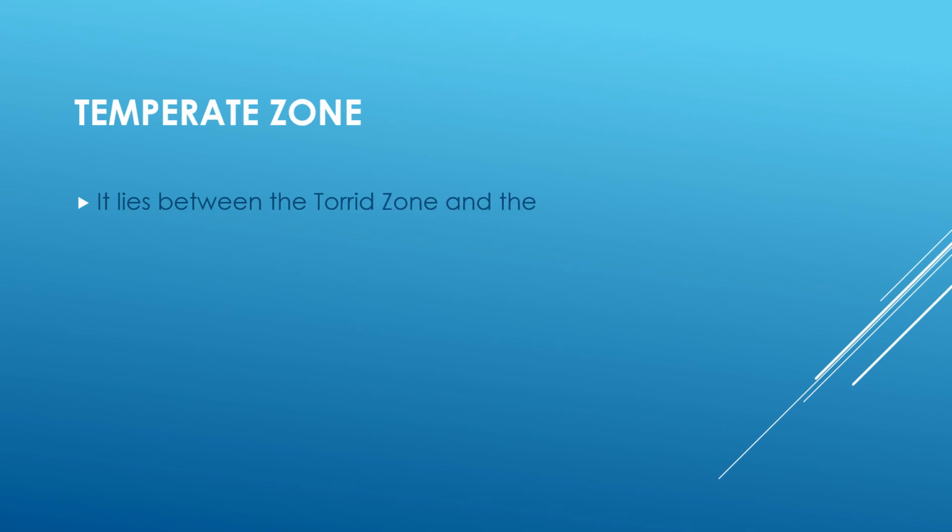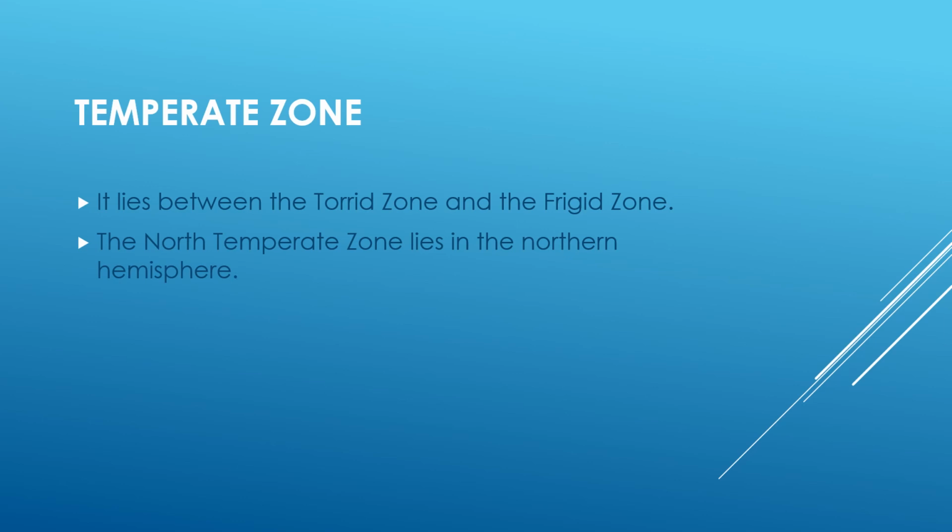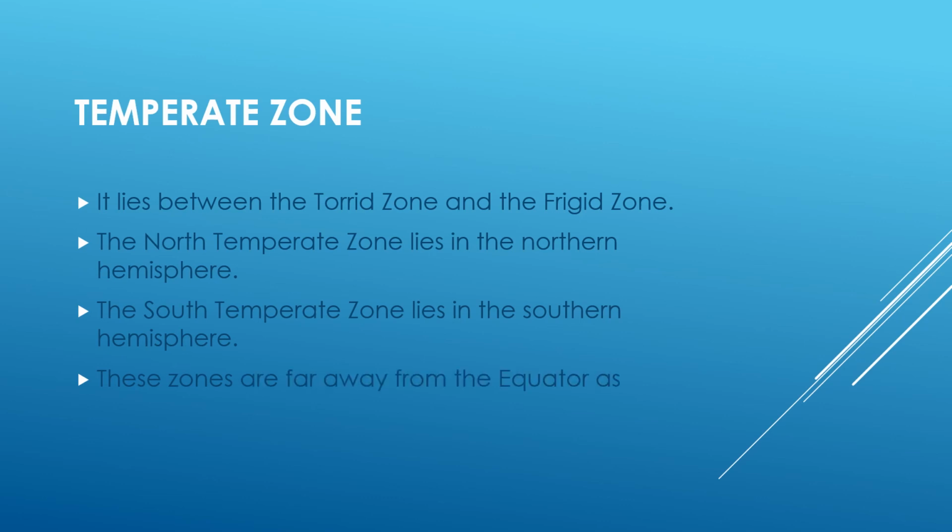Now the next is the temperate zone. This temperate zone lies between the torrid zone and the frigid zone in both hemispheres. It is neither very hot nor very cold in these zones, because both the north temperate zone and the south temperate zone are far away from the equator as well as from the poles.